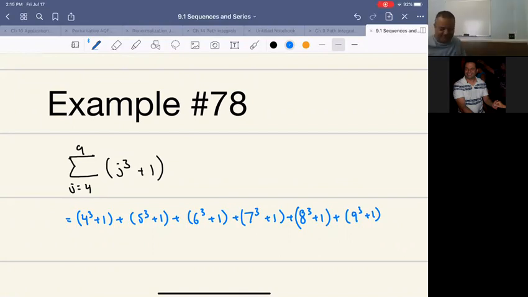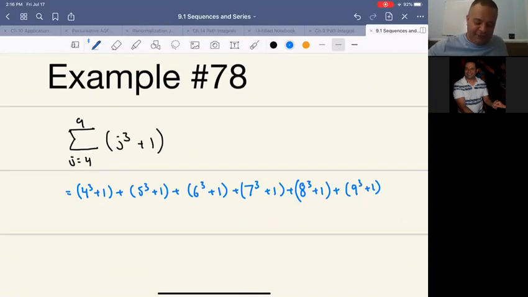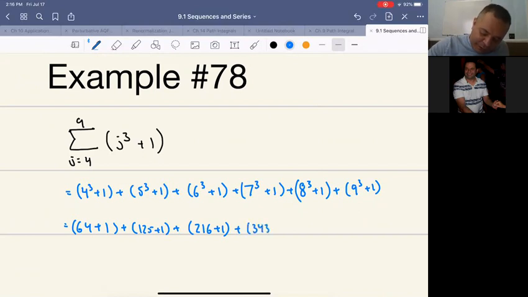Okay, got my trusty TI-30XA. Now, 4 to the third, I know that one, that's 64. 5 to the third, I know that one too, 125. 6 to the third is 216. 7 to the third is 343, plus 1. 8 to the third is 512, plus 1.